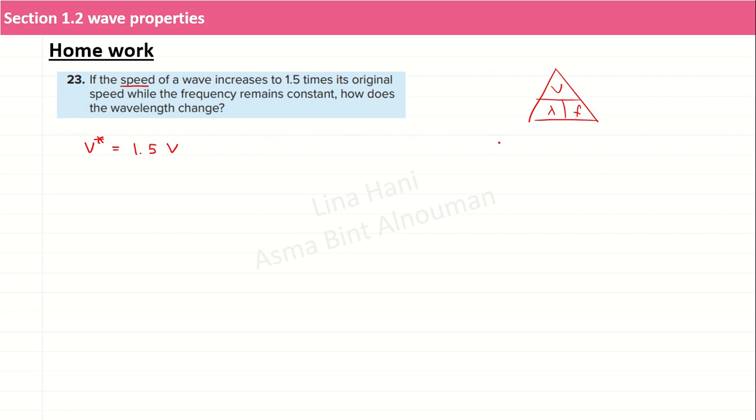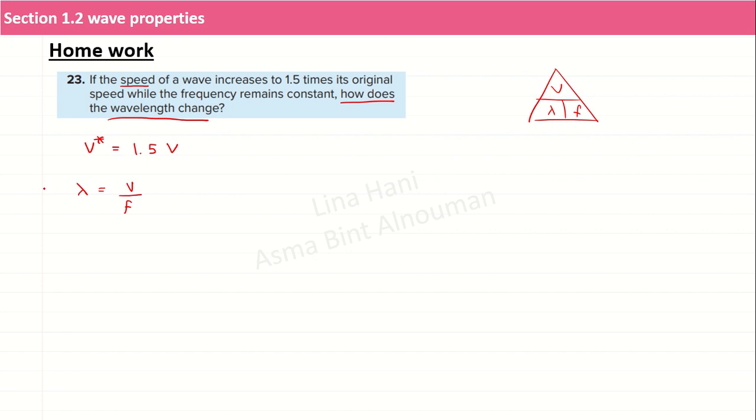Because he wants me to see what's the effect of changing the speed on the wavelength, I need to put wavelength on one side, everything else on the other. So our old equation is lambda equals v divided by f.